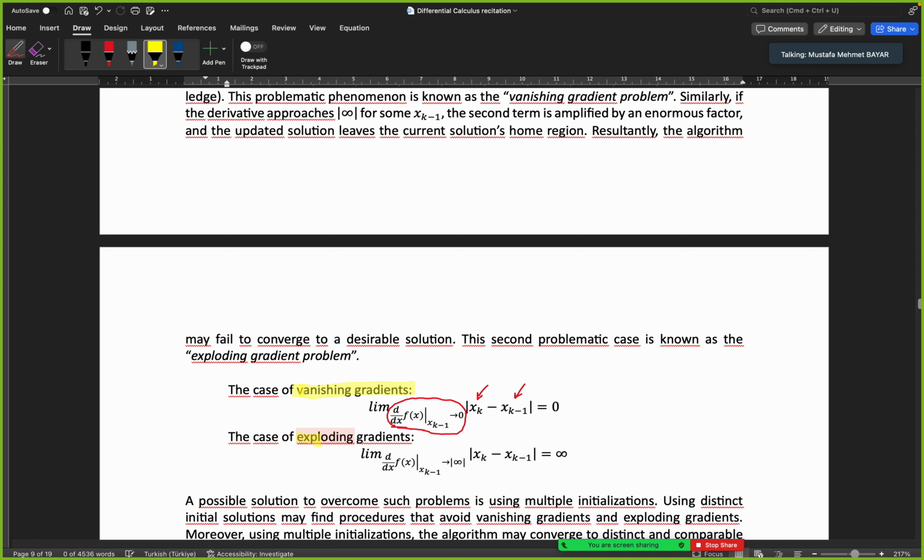And the other version of it is the exploding gradients, which means when your first order partial derivative approaches infinity, either positive or negative, then the difference between the new and the old solutions just goes to infinity.